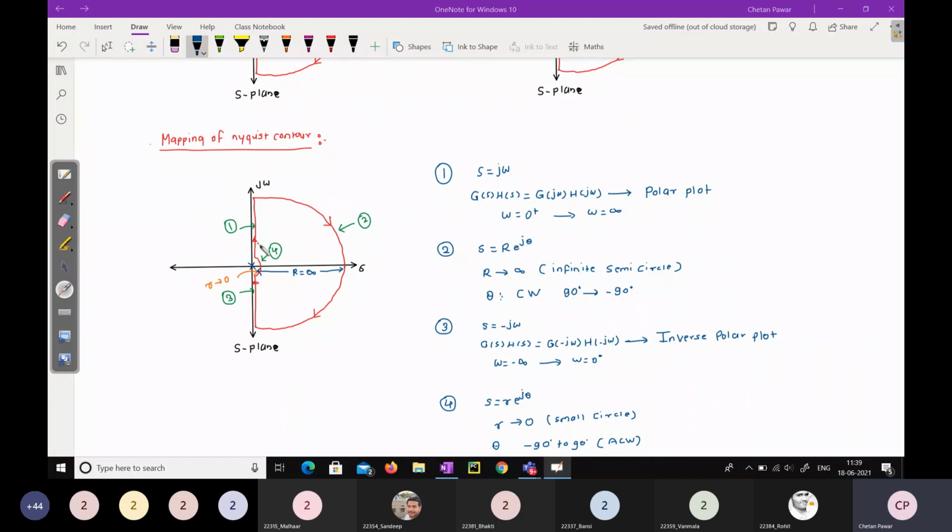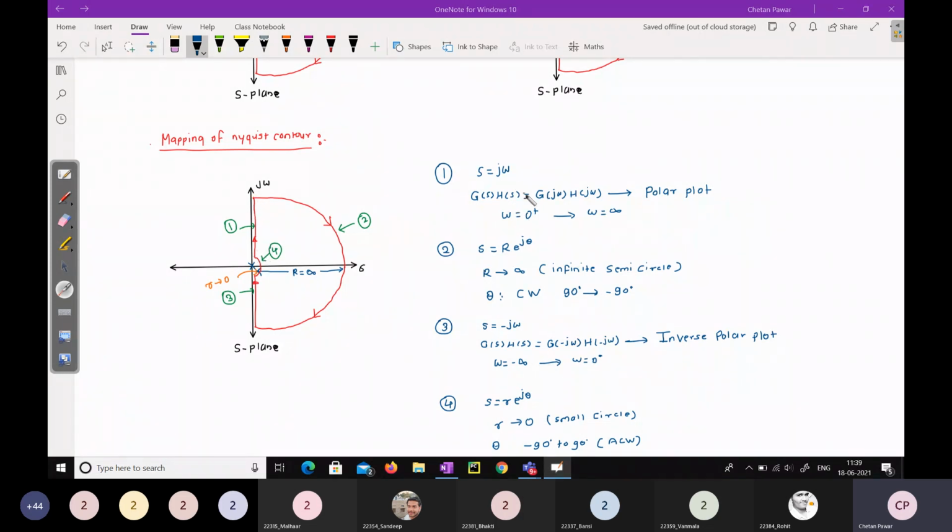When we vary omega from 0 to infinity with S equal to j omega, we just draw the polar plot for that particular system. So this mapping is nothing but the polar plot.